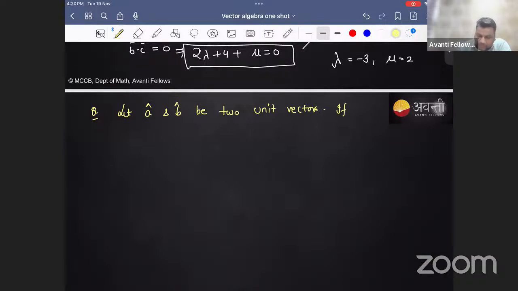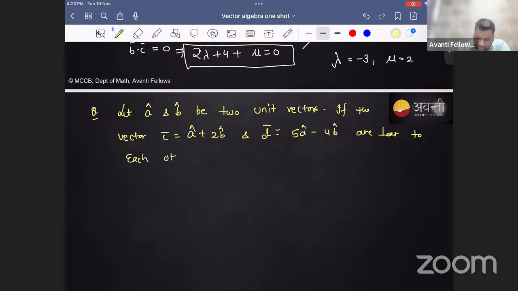If the vector C, that is A cap plus 2B cap, and D, that is 5A cap minus 4B cap, are perpendicular to each other, find the angle between A and B. Yes. Go for it quickly.